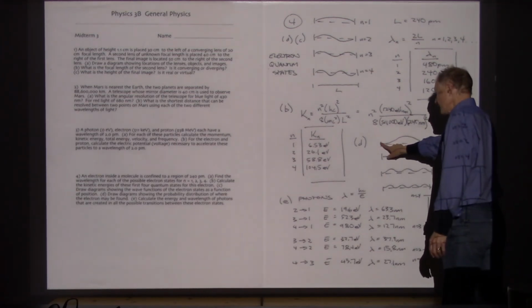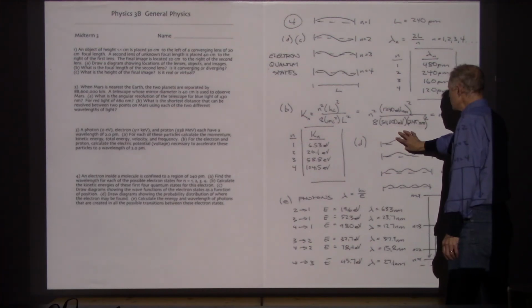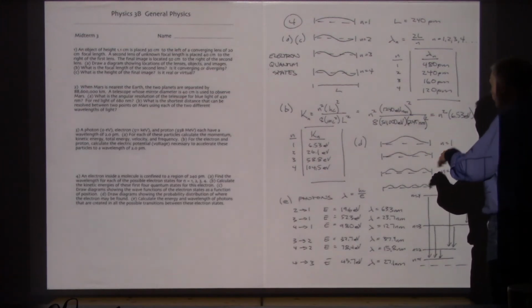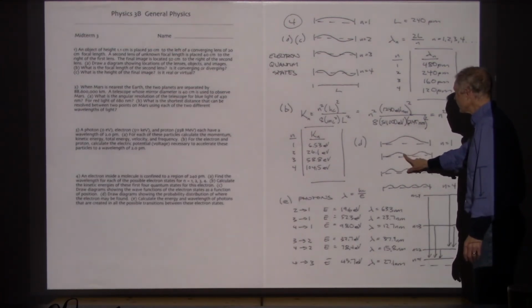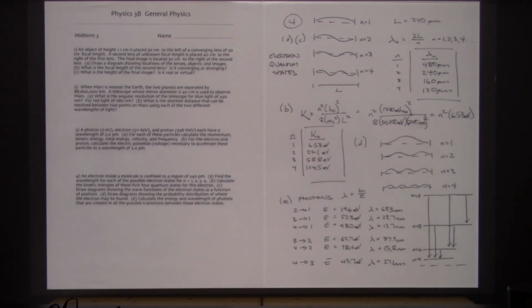So in state number 1, it's more likely that the electron is in the central region. In state 2, there are 2 regions of reasonably high probability, but there's a depletion of probability right in the middle. Right in the middle, where you might expect the probability would be really high, it's not. And that's a quantum mechanics effect.